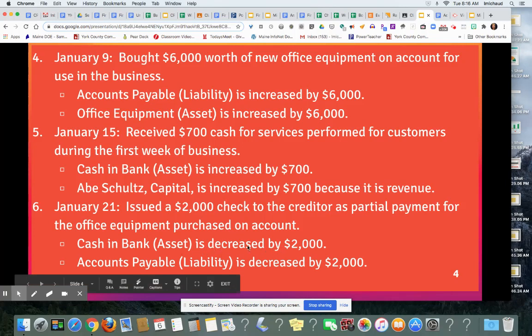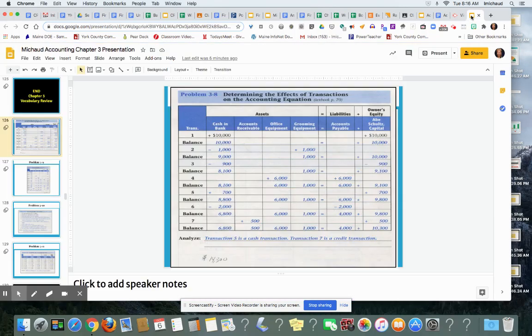So cash in bank is decreased by $2,000, and accounts payable is decreased by $2,000 because we owe less than we did before. So go back to your table, decrease cash in bank by $2,000, so $8,800 minus $2,000, the new balance is $6,800. Decrease your liabilities by $2,000, that's $4,000. Bring these other numbers down.